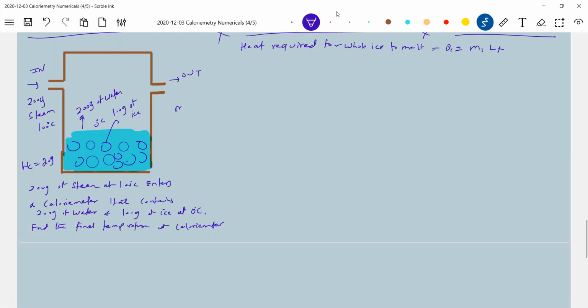So symbols: 100 gram of ice, 200 gram of water. What is m3? 200 gram of steam. These are for our reference. We are taking all these symbols. Now this should be equal to 100 into 80, 800 calories, the same thing.